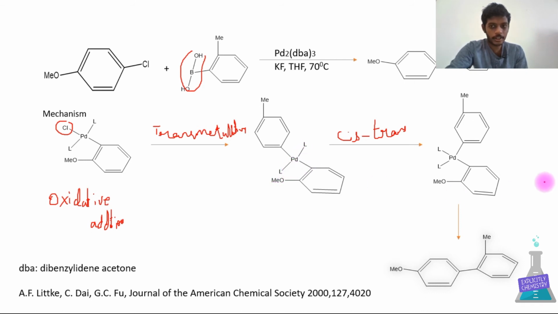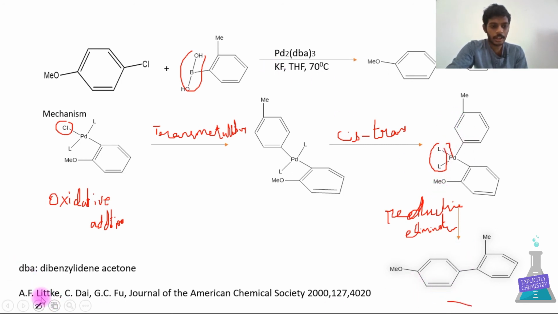These two ligands come under cis position, and these two compounds will come under the cis position. After that, reductive elimination happens. In the reductive elimination, these two ligands are removed and palladium is regenerated, and these two compounds are coupled together.